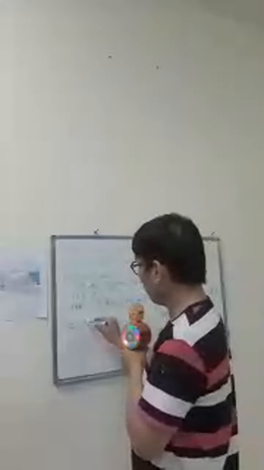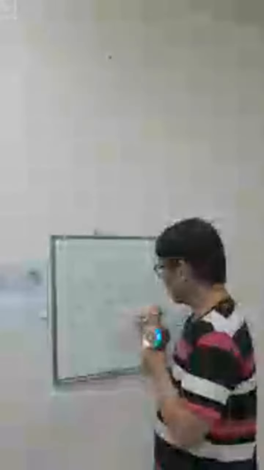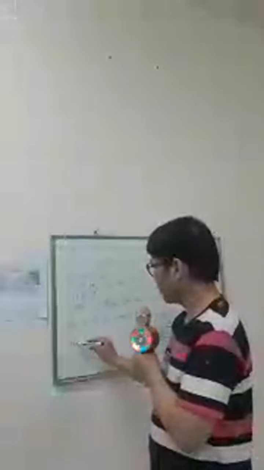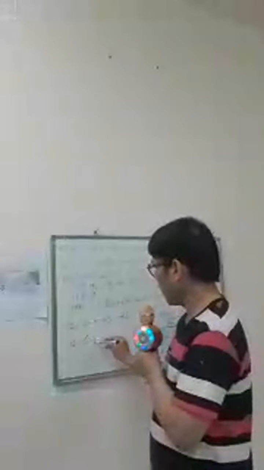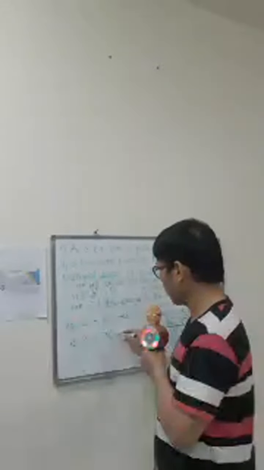Vf equals Vo plus at, right? Since we don't have Vf yet here, we need to solve Vf using this equation 3. So Vf equals 0 initial velocity plus acceleration 28 meter per second squared times the time 15 seconds.